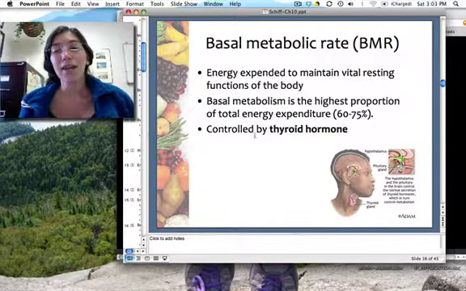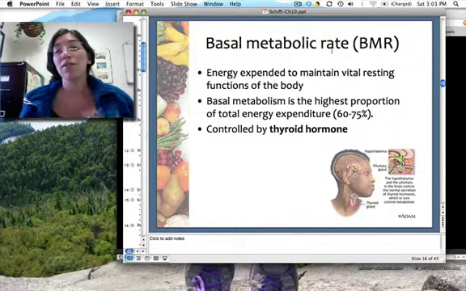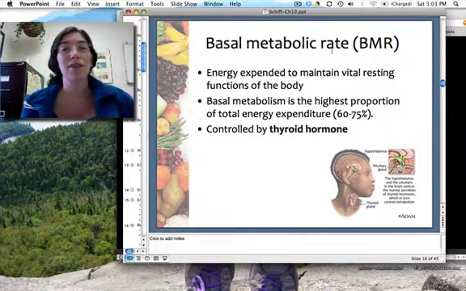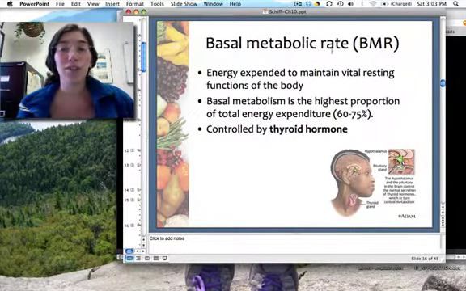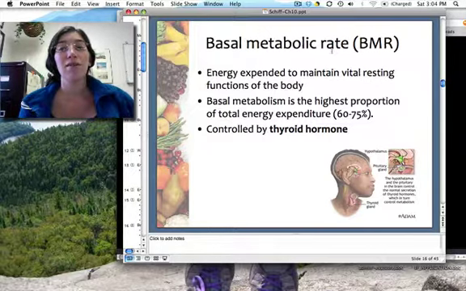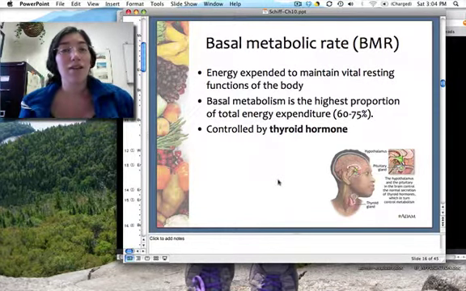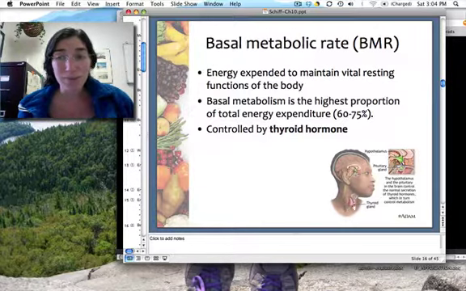And your basal metabolic rate can change. So you're not born with a basal metabolism that's fixed in place. You can actually change your basal metabolic rate by doing exercise, by eating, but the regulator of your basal metabolic rate physiologically in your body is your thyroid gland here, which also, if you remember, is important for regulating calcium levels.